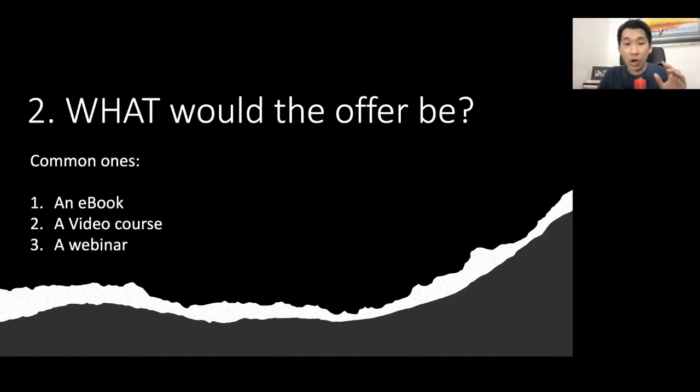So these are the common ones. However, based on my experience, if I was to coach my students, I would not want them to do any of this. Because remember, our goal is to build database and also to build brand. This will give you less database and will also give you less exposure towards your brand.